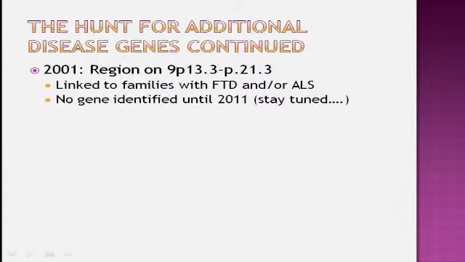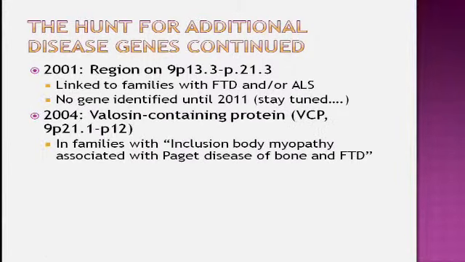For a long time, chromosome 9 was linked to cases that had FTD and families with mixed FTD and ALS. We're going to leave that there and come back to it later in the talk, because this is a timeline, and it wasn't until a few months ago that this gene was finally identified. But a couple years later, there was an exciting finding. It happened to be on chromosome 9, but it wasn't the chromosome 9 gene.